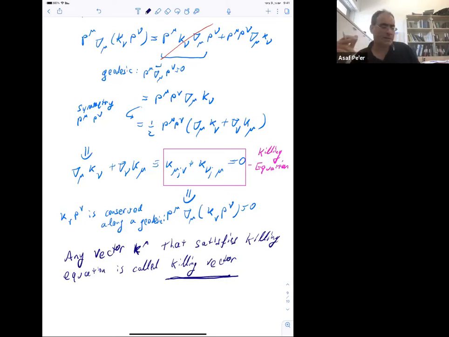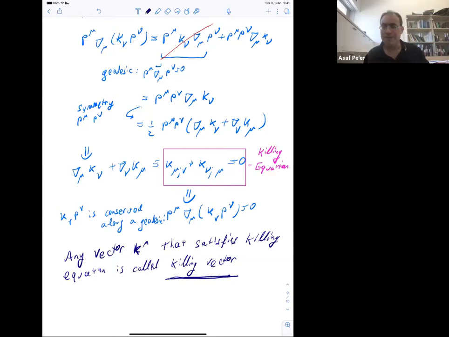If a vector satisfies the killing equation, then it is always possible to find a coordinate system in which the metric is independent of that direction. Okay, so the killing equation is much more general because it is independent of the exact form of the metric, which is something which we arbitrarily chose. Right? Okay.